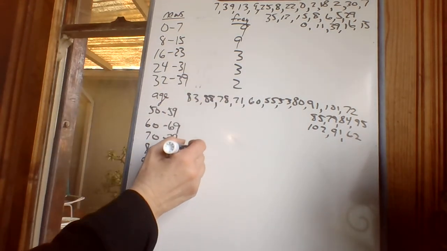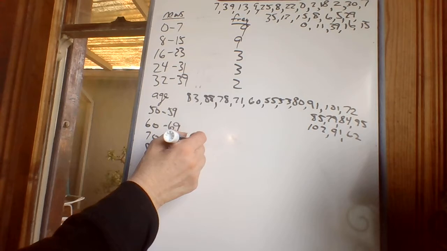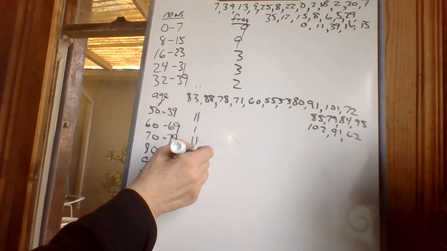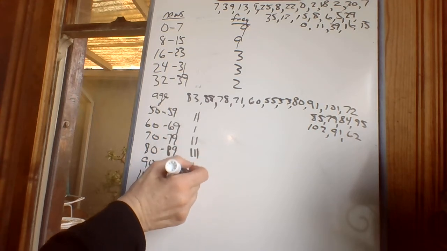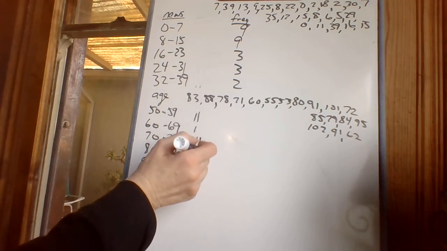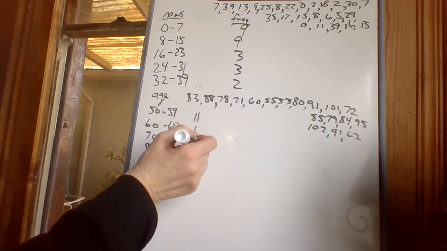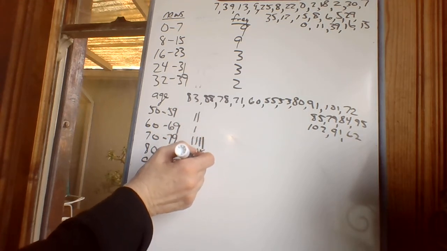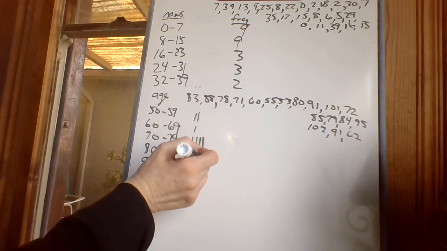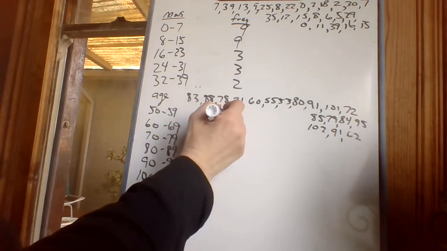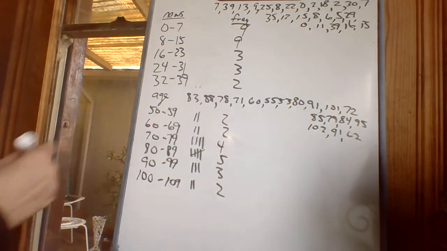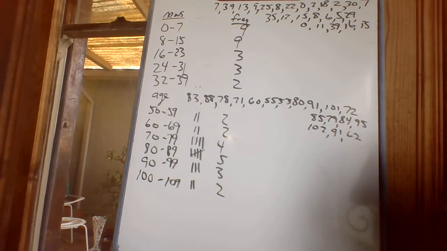All right, so 83, 88, 78, 71, 60, 55, 53, 80, 91, 101, 72, 85, 79, 84, 95, 102, 91, 62. All right, so 2, 2, 4, 5, 3, and 2.